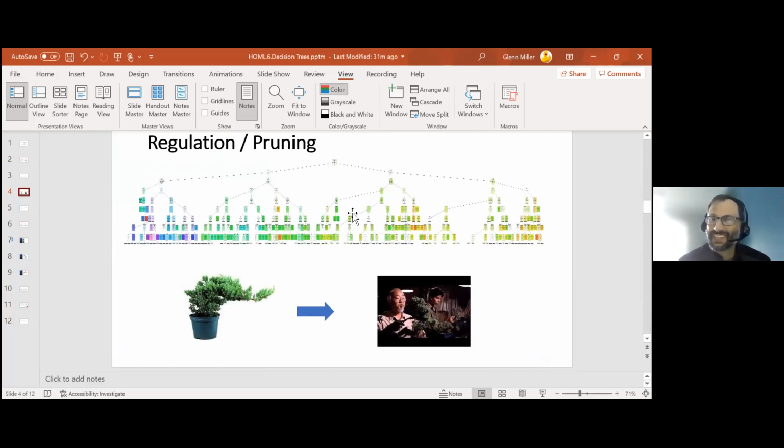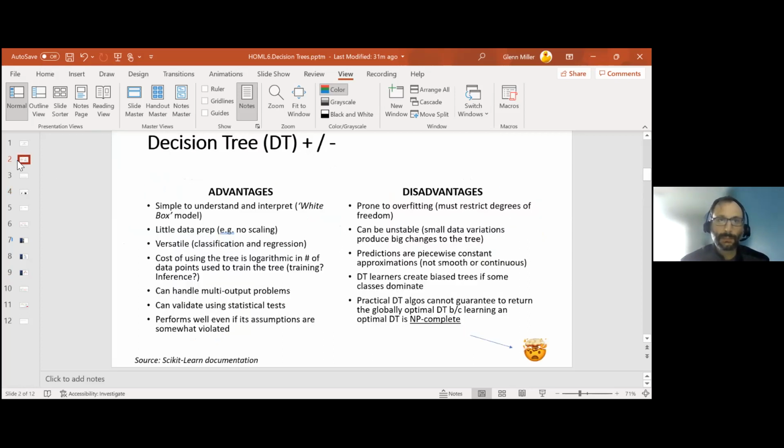So if you put no restrictions on your tree, you get many nodes. I think this keeps going below the picture. This was from some exercise I did for a class, and it had 780 nodes or something like that. Anyway, we'll get to pruning and regularization later.